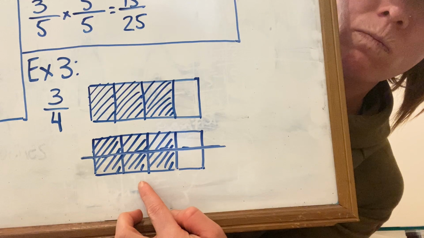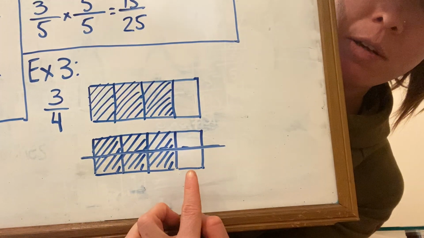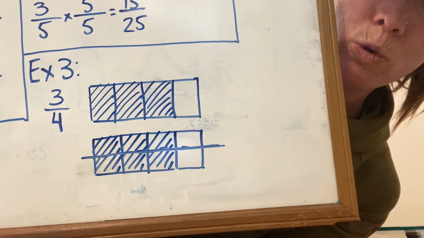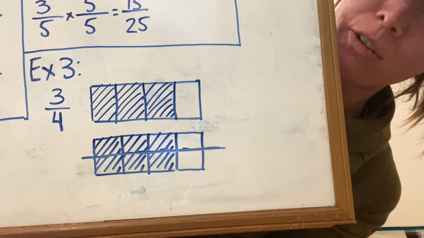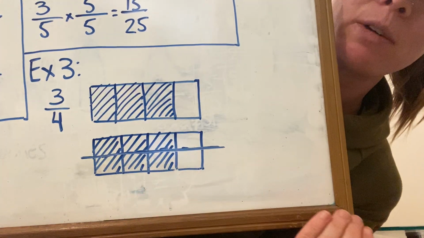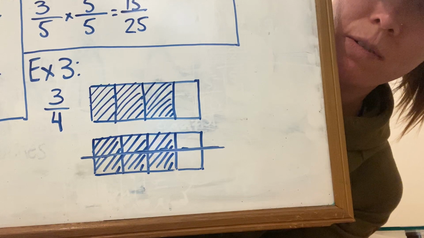But now, if you look at it, instead of having 4 parts total, because I cut it up differently, I now have 8 total parts. So the 8 is gonna be my new denominator. And if you look and count how many parts are now shaded, okay, it's 6 parts shaded.